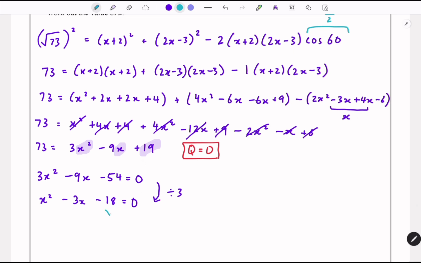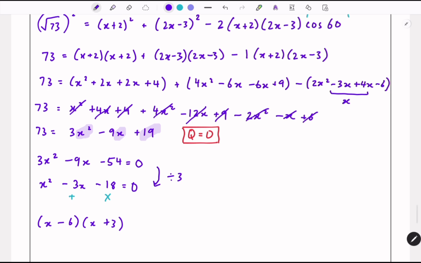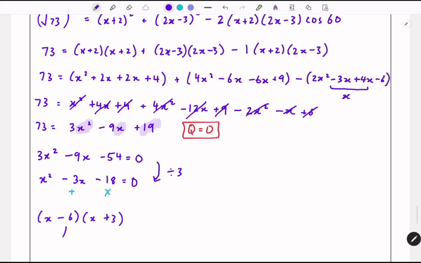I'm just going to simply factorize. I need two numbers that multiply to give me minus 18 and add to give me minus 3. That's x minus 6 and x plus 3, because minus 6 times 3 gives me minus 18, and minus 6 add 3 gives me minus 3, which is the middle.